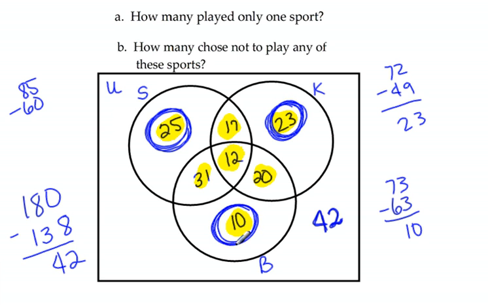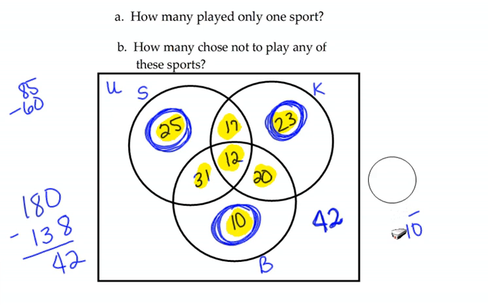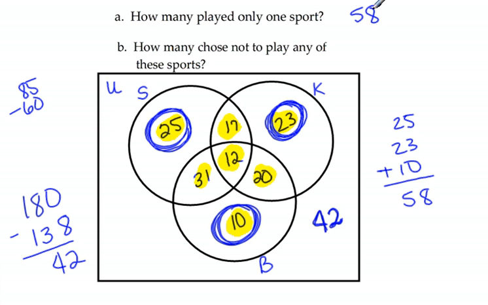And then I have 10 that only played basketball. So if I take 25 plus 23 plus 10, I'm going to end up with 58 students who played only one sport.